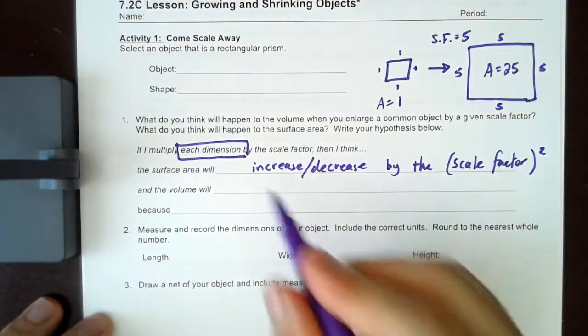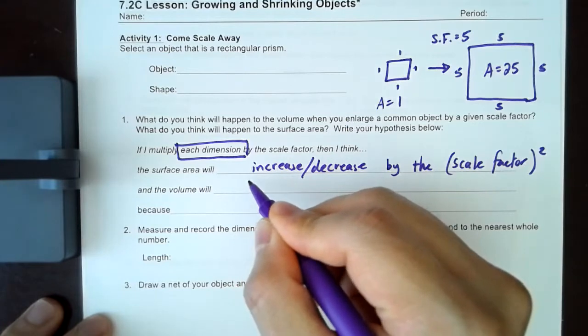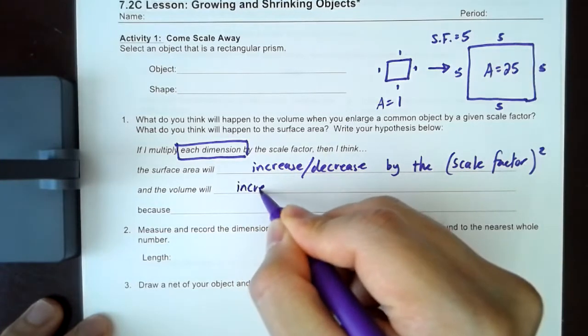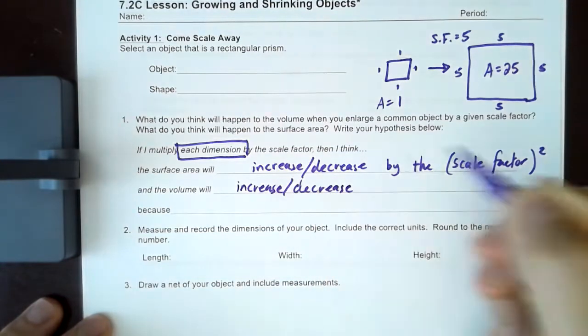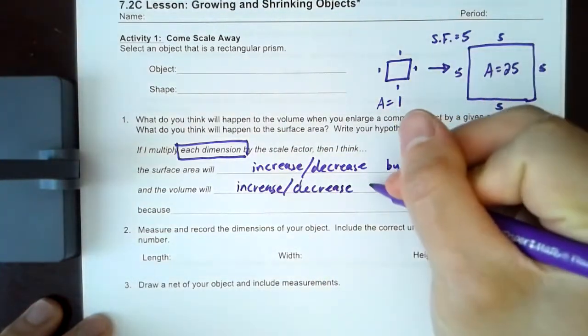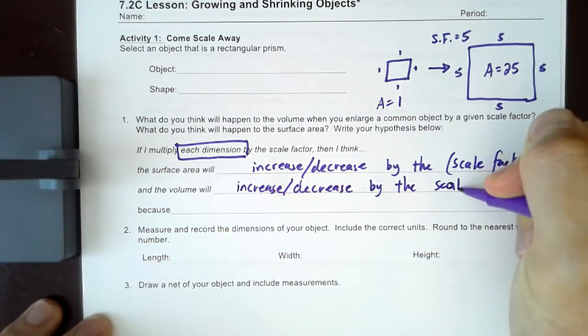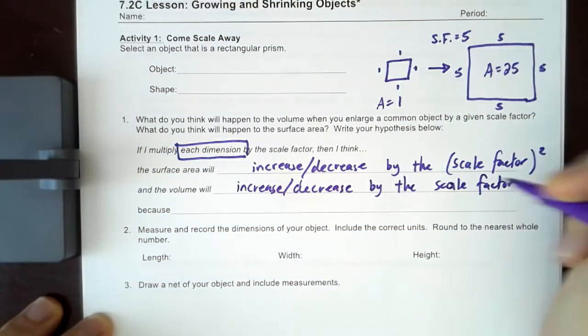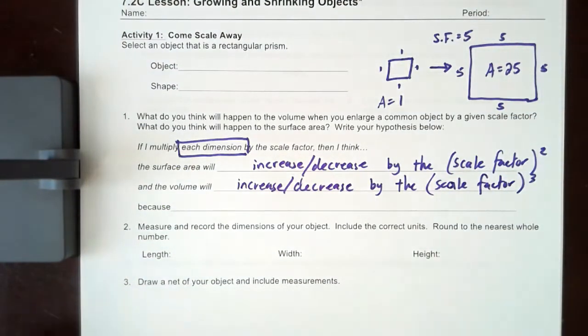The volume, though, how many dimensions does volume have, class? The scale factor will increase or decrease the volume by the scale factor cubed. Not just squared this time.